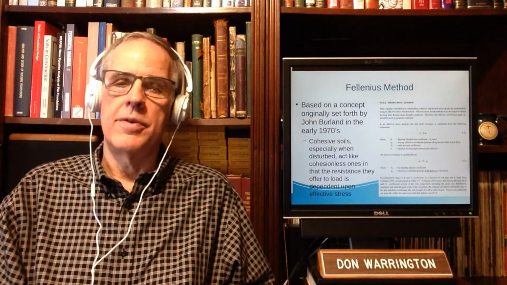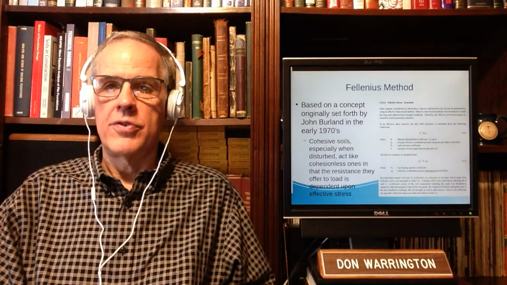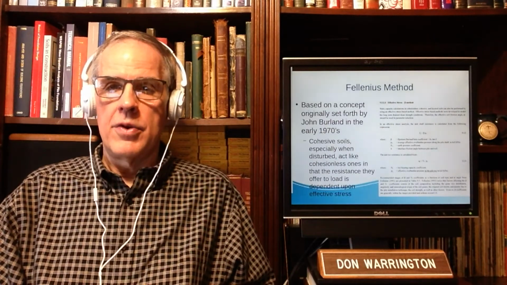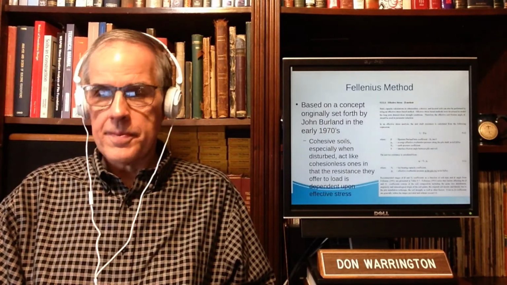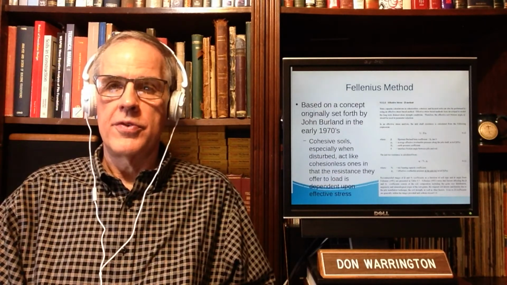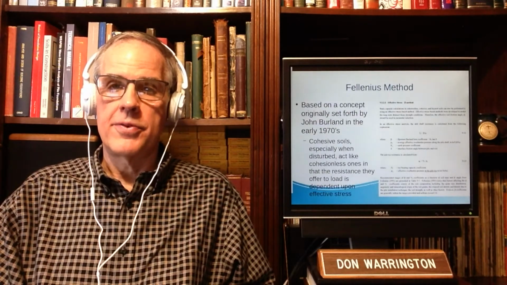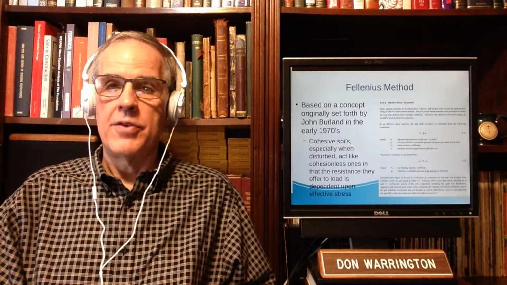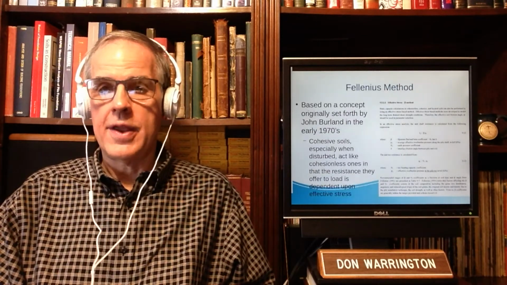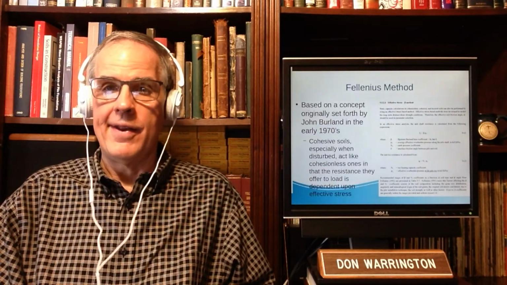It was John Burland, a British geotechnical researcher and one of the best, who observed that due to remolding, cohesive soils, and we see this with retaining walls, which I talked about, remold during impact pile driving.